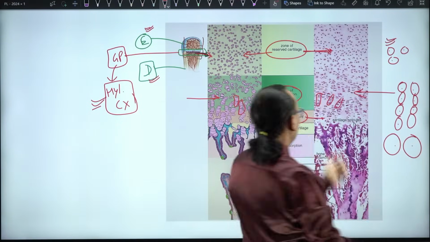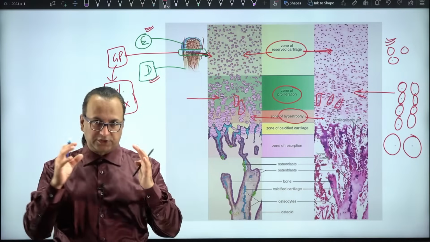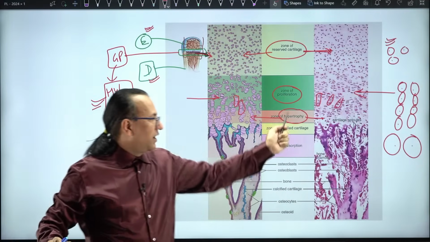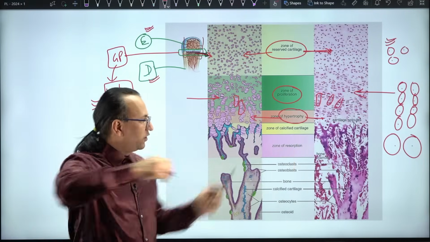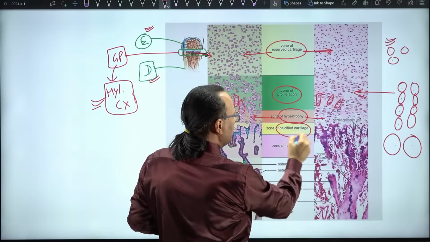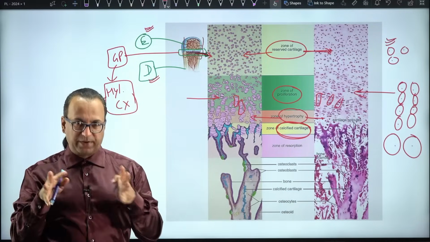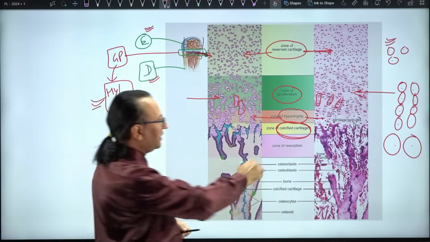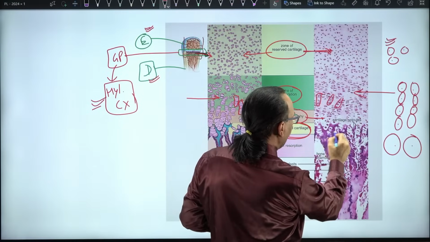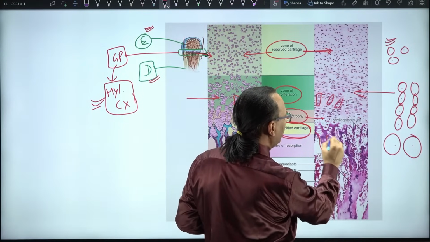And then after this zone of hypertrophy, which is large cells, they are entering a zone where you will have calcification. Now that calcification is brought by some of the blood vessels, they bring the calcium, and since there is calcification, this violet bluish color.